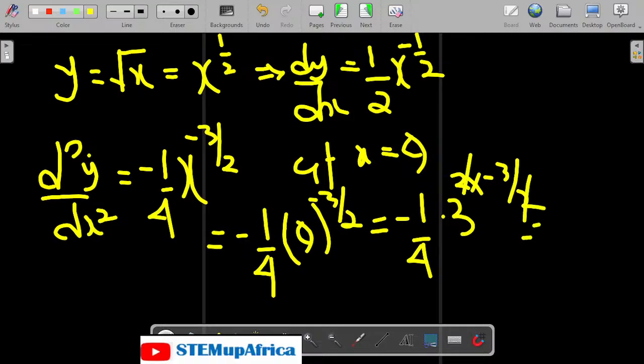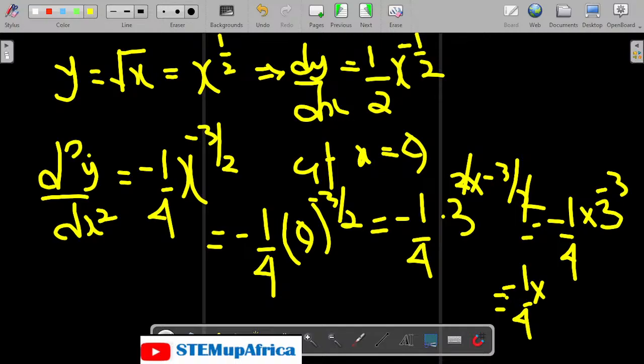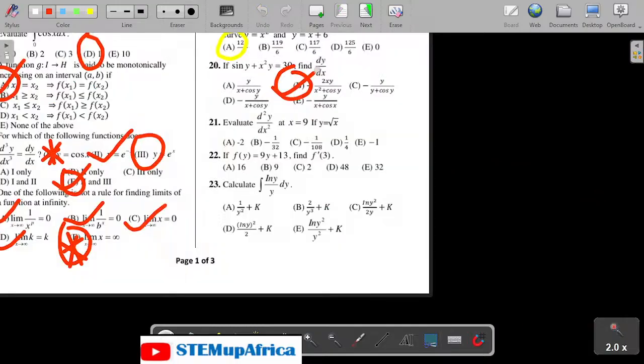I'm left with minus 1 over 4 times 3 raised to the power minus 3. If I apply the law of indices, I'm having minus 1 over 4 times 1 over 27, which is minus 1 over 4 times 27, that will give us 108. So the result is minus 1 over 108. Let's check that out. Minus 1 over 108 is option C.